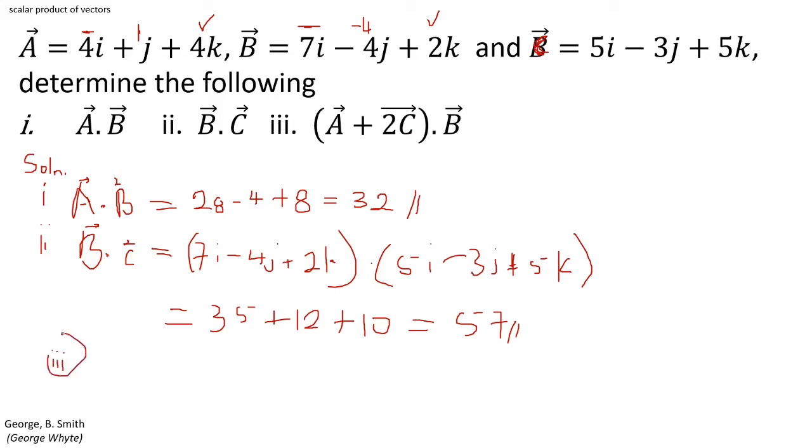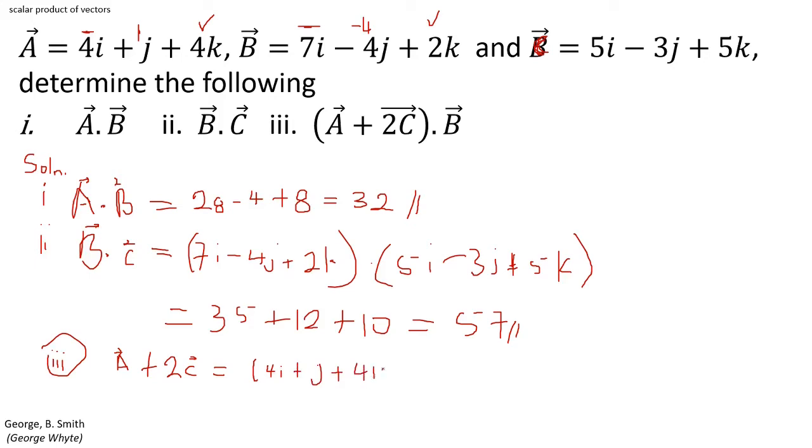After I find A plus 2C, I will multiply it with B. So let's see what A plus 2C will give to us. I have A plus 2C. So we have A, and our A there is 4i plus j plus 4k.